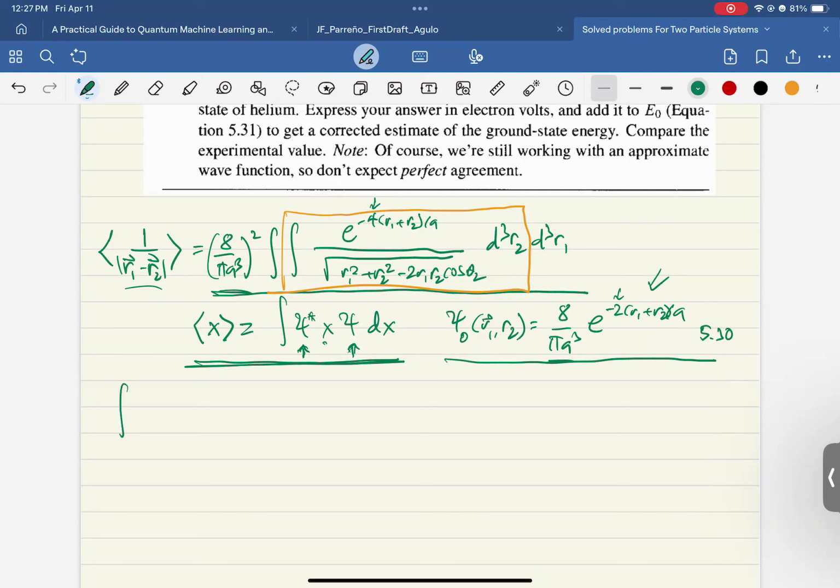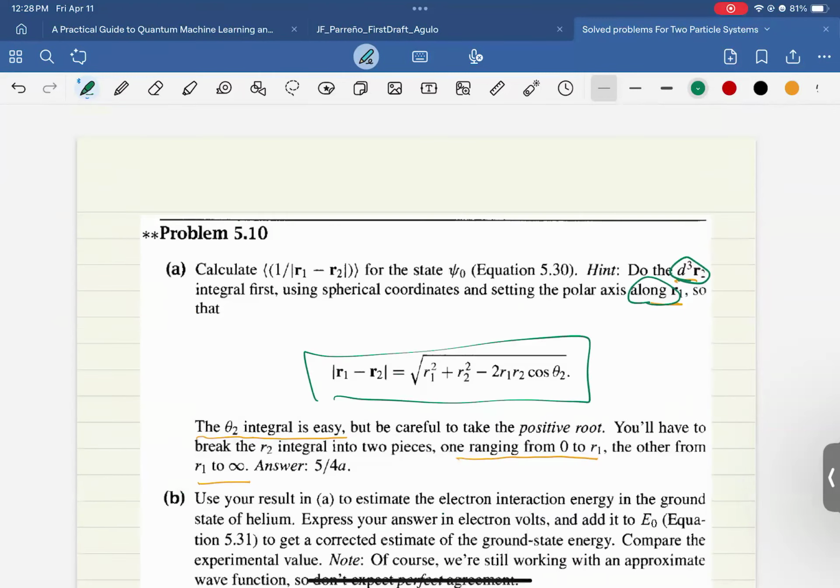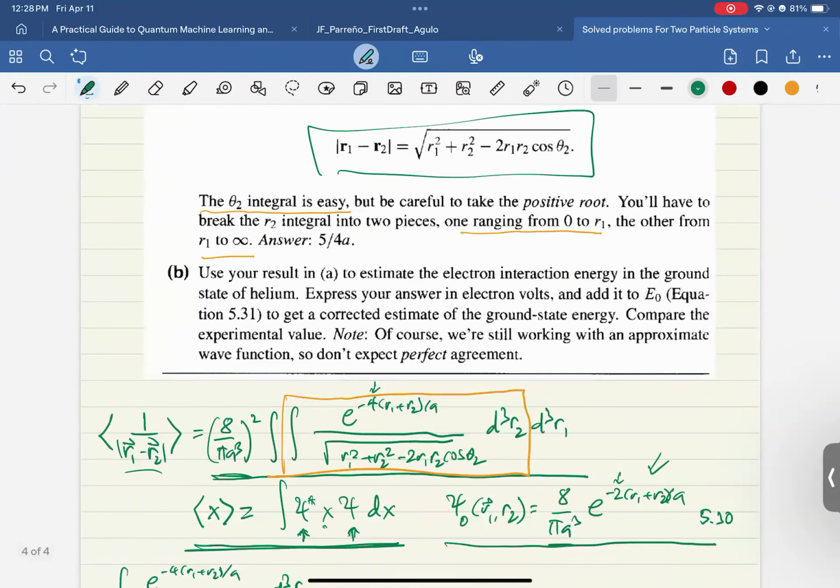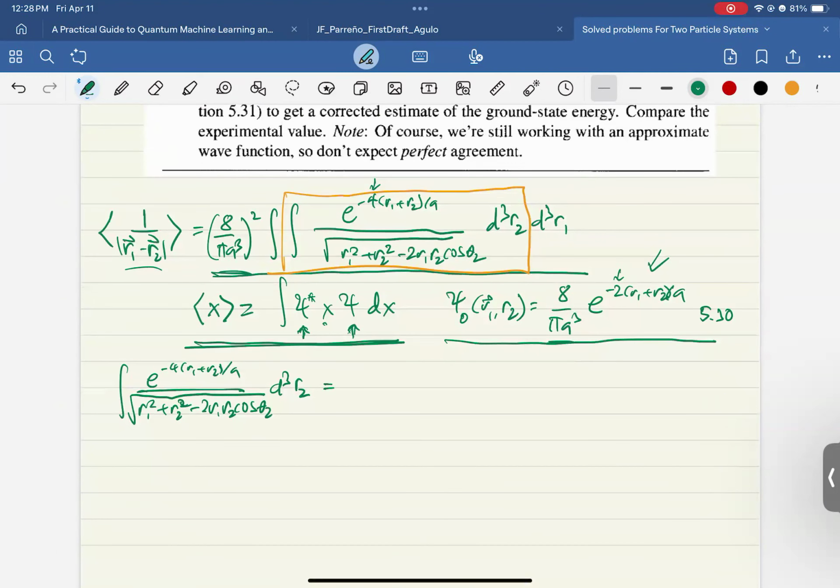So, yung integral na yan, exponential minus 4 R1, R2 over A all over R1 squared, R2 squared minus 2 R1, R2 cosine theta 2 square root then D3 R2. So, sabi express natin in spherical polar or spherical coordinates. So, in spherical coordinates, we have integral from 0 to infinity, integral from 0 to pi, and the integral from 0 to pi.